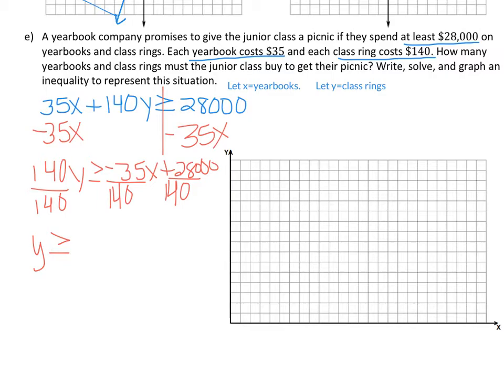Y is greater than or equal to negative 35x divided by 140 is negative 1/4 x plus 28,000 divided by 140 is 200. So here is my inequality in y equals. I know the slope is negative 1/4, which tells me down 1, right 4, and the y-intercept is 200. I also know because I have greater than or equal to that it's got to be a solid line.